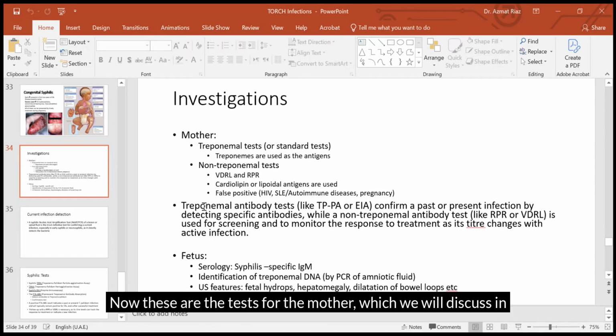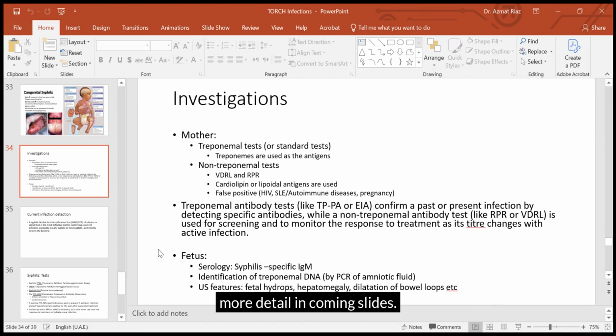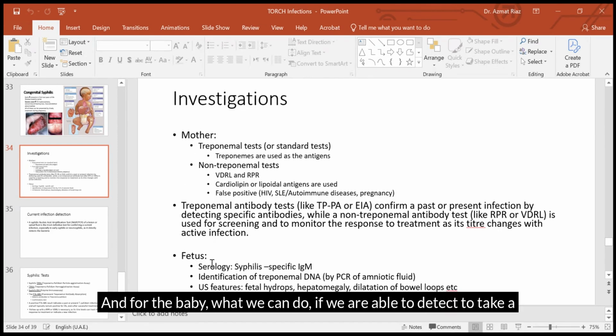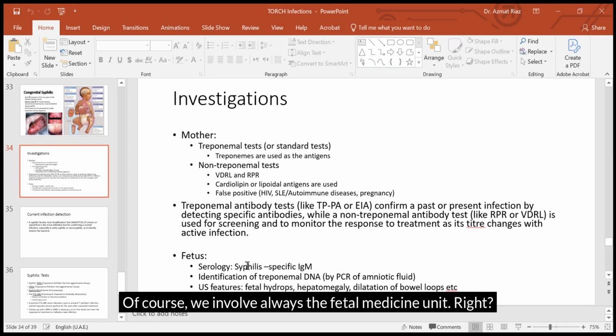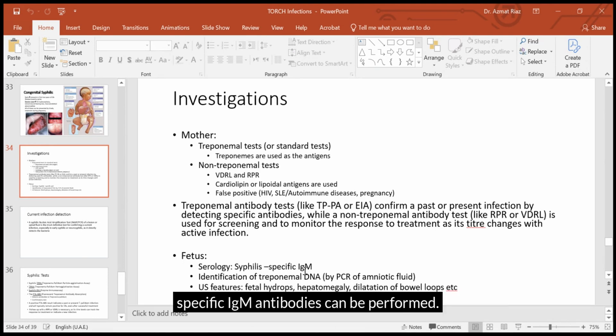Now, these are the tests for the mother, which we will discuss in more detail in coming slides. And for the baby, what can we do if we are able to take a blood sample? Of course, we always involve the fetal medicine unit. If they can perform cordocentesis, which is risky, as there is a risk of miscarriage, then syphilis-specific IgM antibodies can be tested.